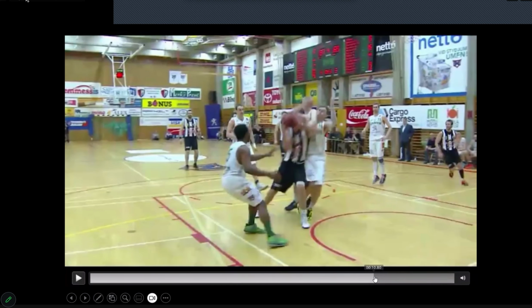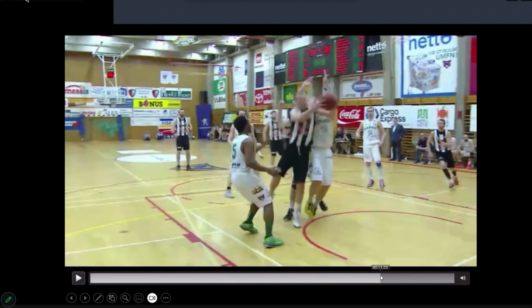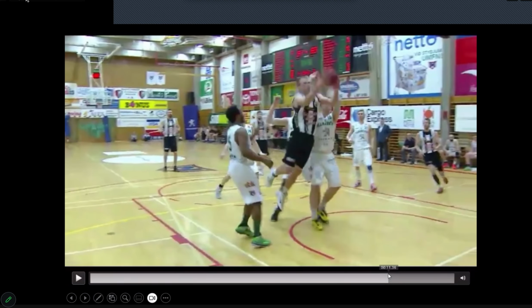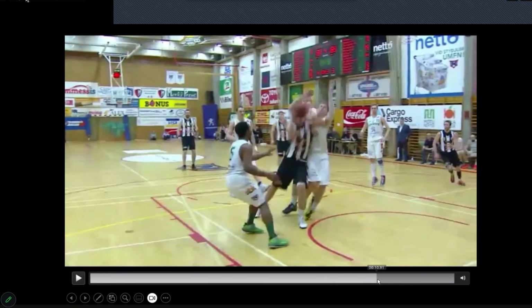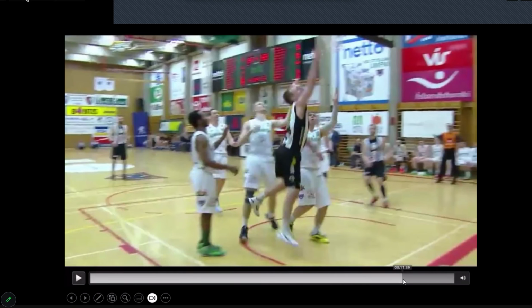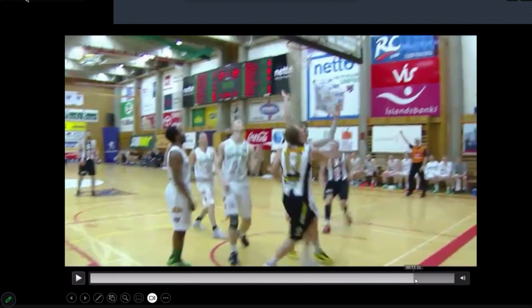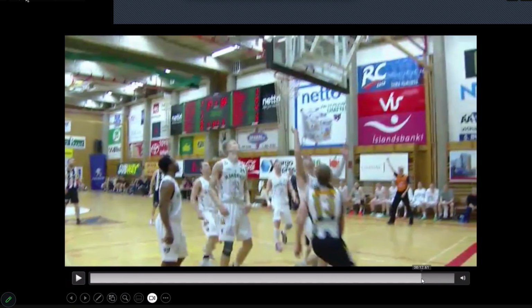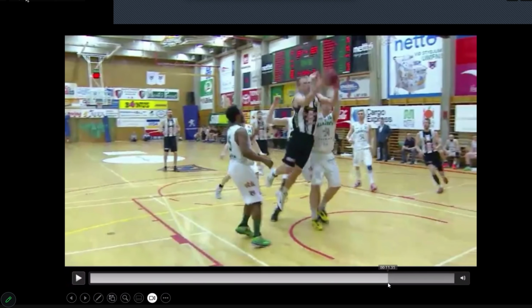And he gets to see that there was a little contact, but he really doesn't get to judge the effect of the contact. Correct. Right? The official that was able to judge should have the exact same view the camera has.